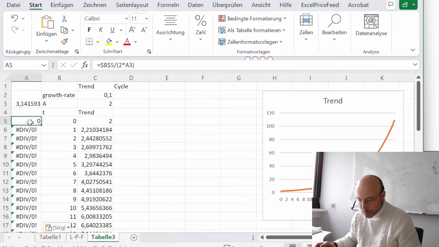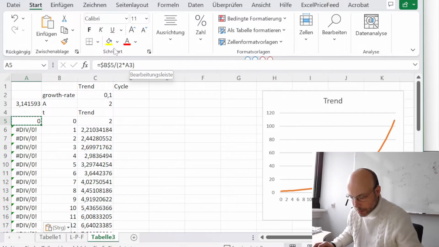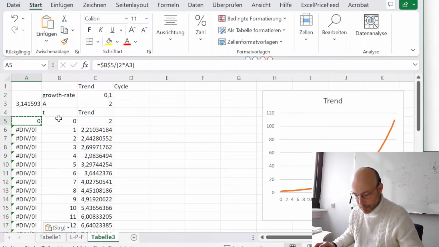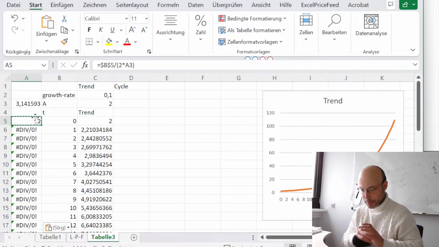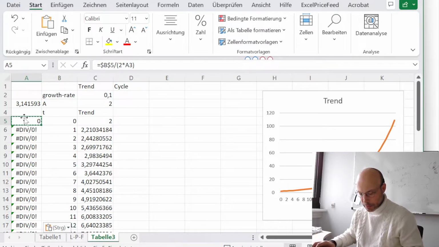No, what did I do wrong? This is fixed. Now there's again some mistake in my formula. So what do I need? I need 2 pi in the end, and oh, the other way around, sorry.